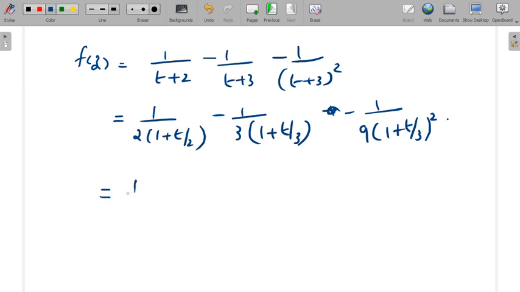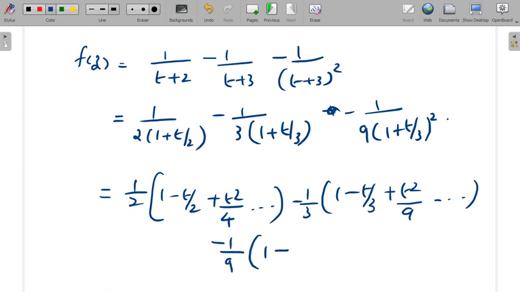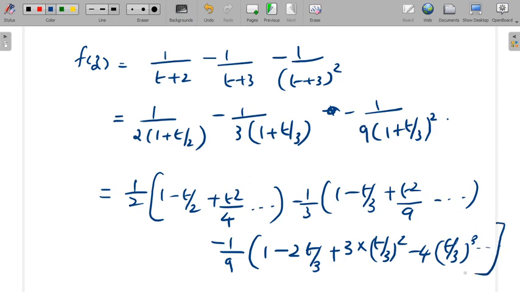So we get 1 by 2 into 1 minus t by 2 plus t square by 4 etc. minus 1 by 3 into 1 minus t by 3 plus t square by 9 etc. minus 1 by 9 into 1 minus 2 into t by 3 plus 3 into t by 3 square minus 4 into t by 3 cube etc. ഇനി ഒരേപോലത്തെ ടേംസ് ഗ്രൂപ്പ് ചെയ്യുക and replace t by z minus 1.